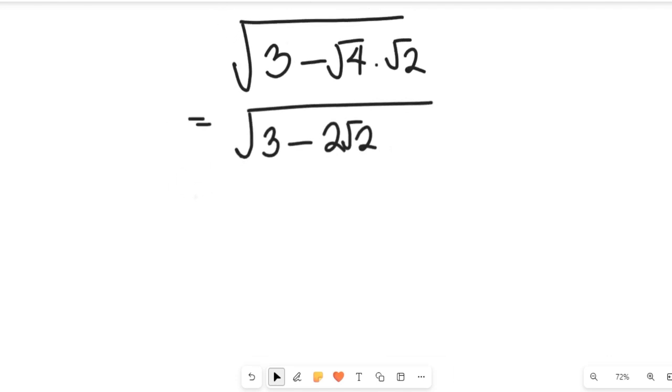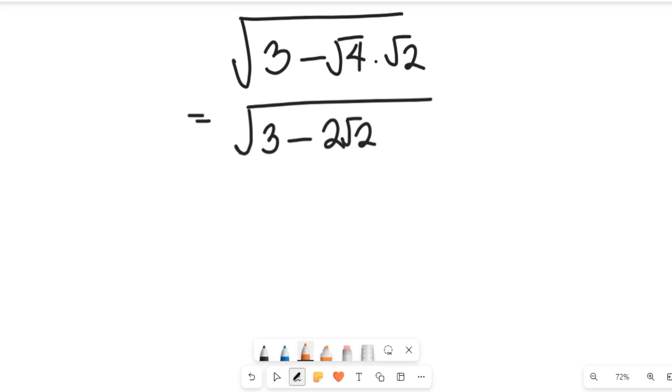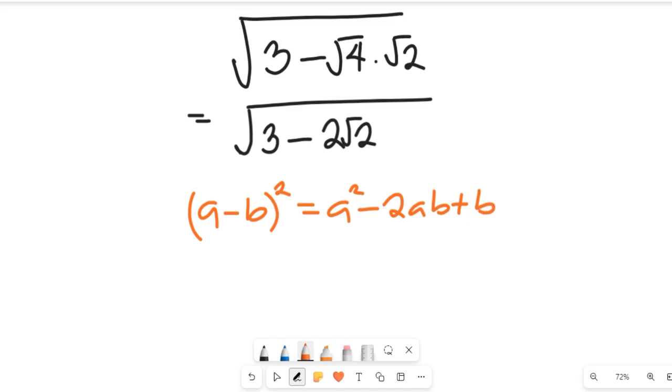In that formula, we'll have (a minus b) square is equal to a square minus 2ab plus b square. Do you remember this algebraic formula? So using this, let's see how we can reduce this to this value.